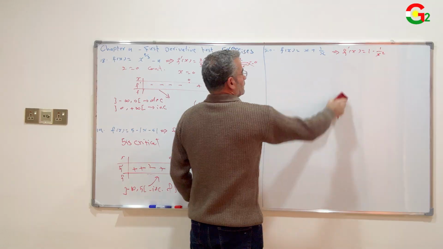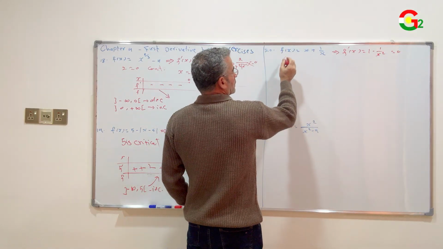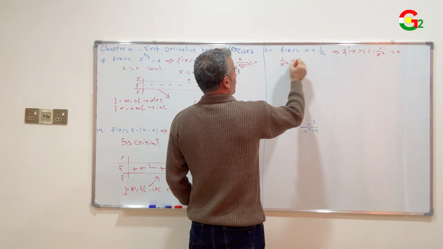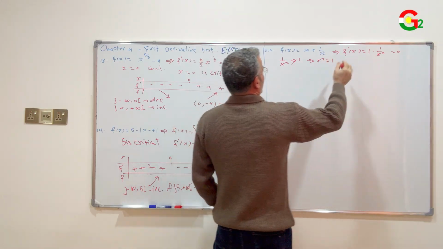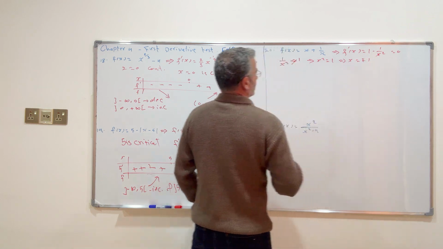Now set the derivative to 0 and solve to find x. 1 over x squared equals 1. Then x squared equals 1. Then x equals negative 1 or positive 1.